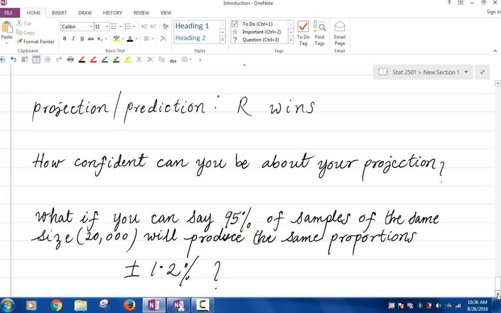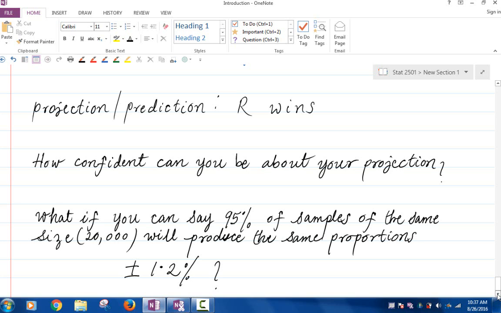Think about all the voters, and all possible samples of size 20,000, right? There are many possible samples of size 20,000. For example, if you are the voters here in the class, there are many samples of size 5 that I can pick from this class, right? Is that making sense? So look at all the possible samples of size 20,000.